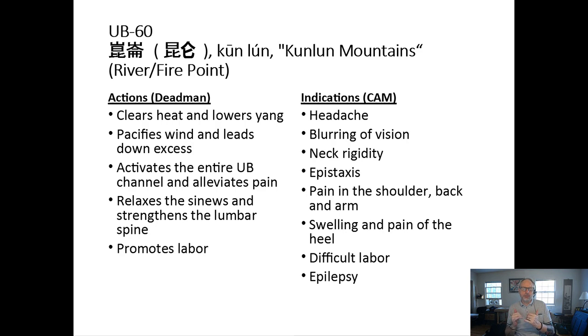Promotes labor or difficult labor is UB60, which means they have a prolonged labor, or they've been in labor now for like 12 to 24 hours, 36 hours, and that baby needs to come out. You could just needle UB60 and boom. It's usually about 20 minutes after you needle this point that baby will be there. They're going to be delivered.